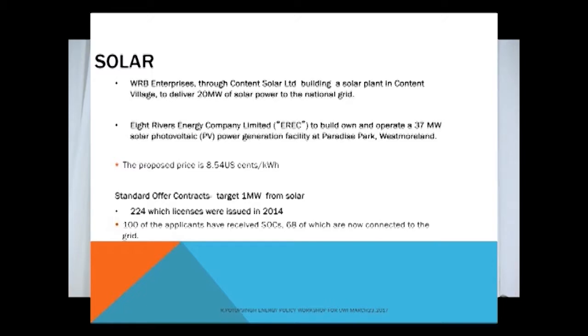Then we have not mentioned so far the standard offer contracts and the target of 1 megawatt from solar, and that could very well be increased. Barbados is way ahead. I think Barbados has about 13 megawatts now from just their standard offer contracts, but they have net metering. We have net billing, and they have net metering.